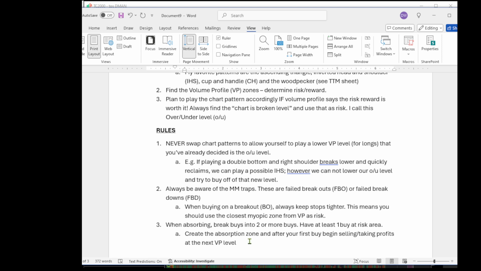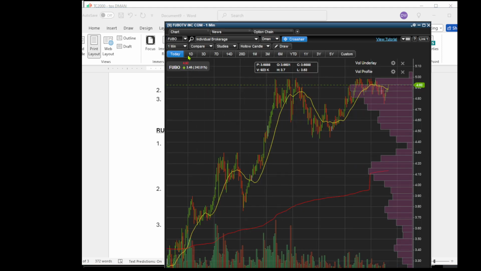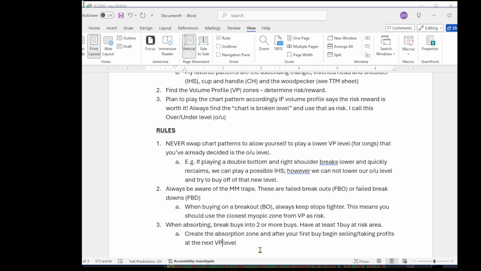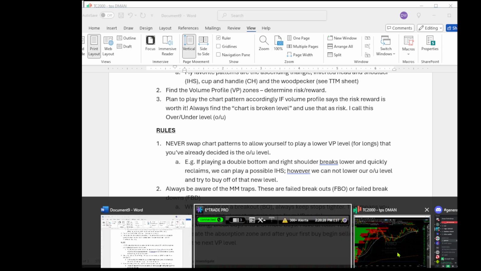When I start absorbing, and it always depends on what you're doing. It could be a 1 minute, it could be a monthly. Like with AMD, I started absorbing at 150, right? And I'm absorbing down to 125 next. I'm absorbing down to 130. Well, once I get filled on a buy, I start taking profits at next resistance levels so that I can buy back as it comes down.